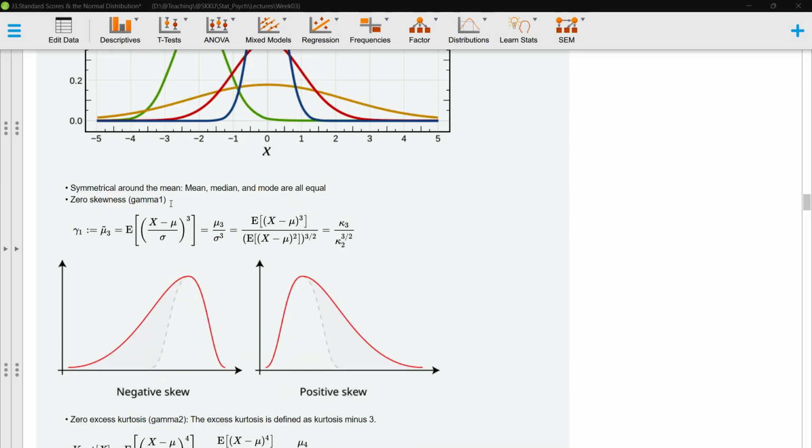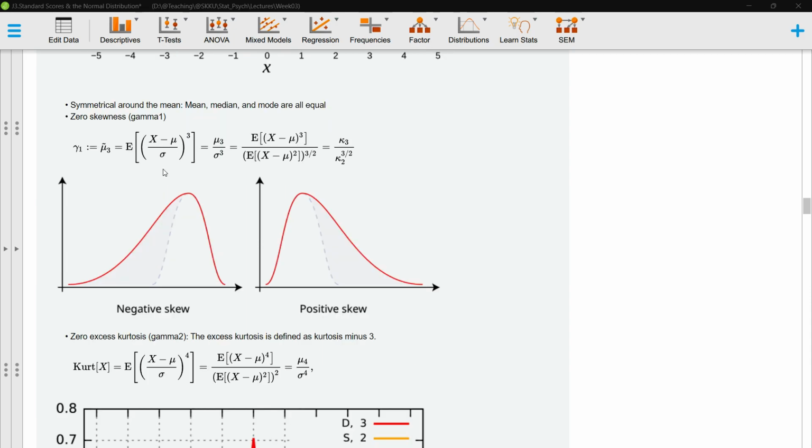The mathematical definition of the skewness is the expected value of the cubed standard score. This is the standard score, right? Standard scores are multiplied three times. If we have an extreme value in one direction, it will give us a big number for that direction.